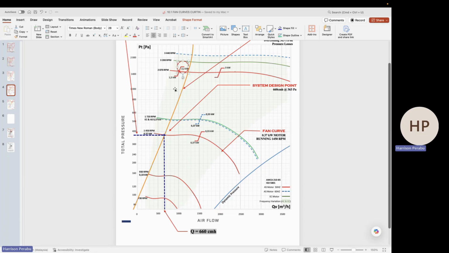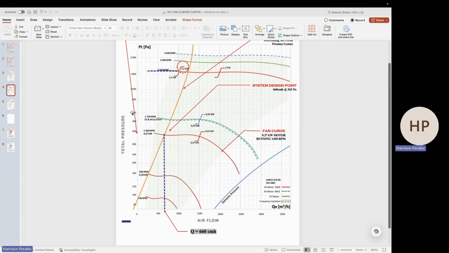Now what happens here is, in actual operation, the fan is going to be churning a very high flow rate, but I'm going to use the damper to control it and what's not. So when that happens, my fan operation will be at 2.2 kilowatt at all times.